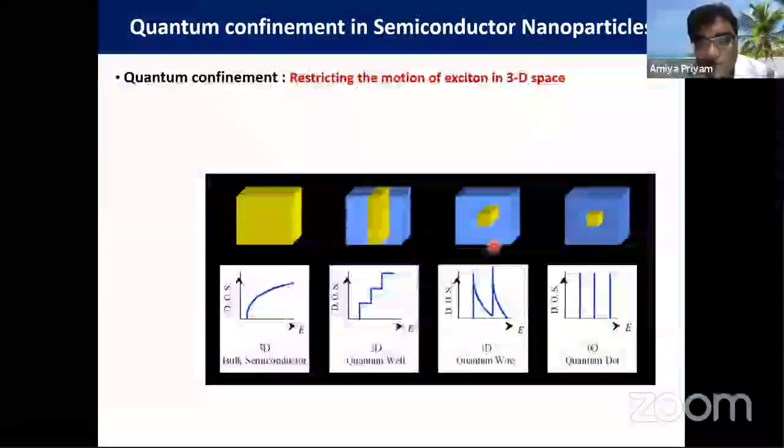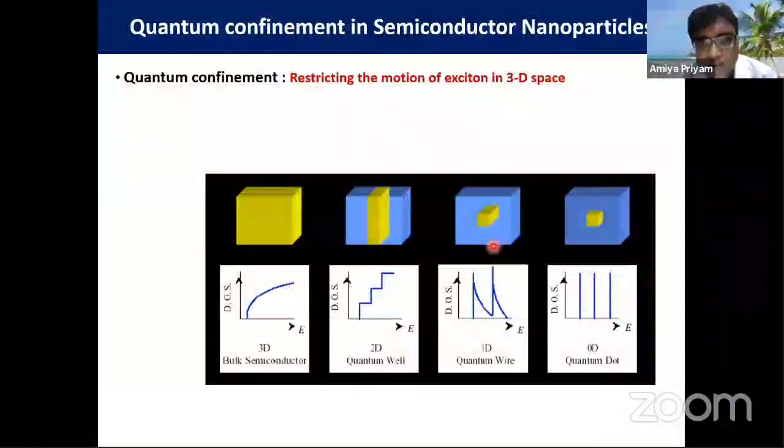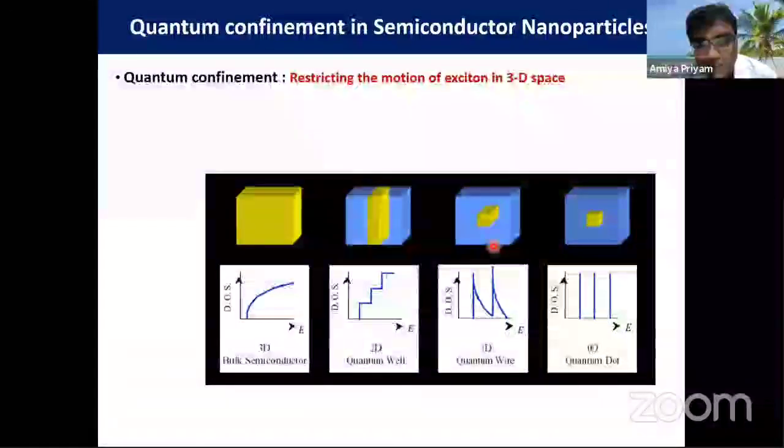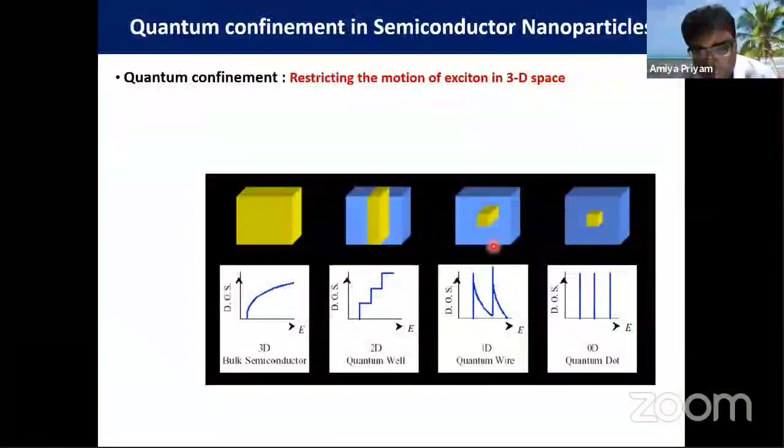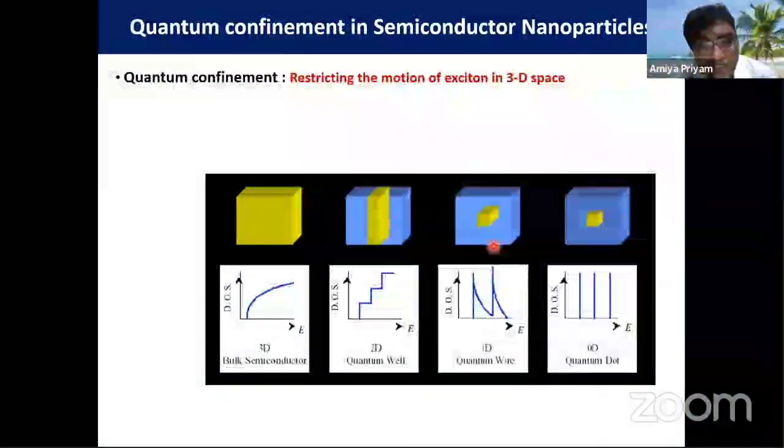Similarly, now we go to another level. Along with the x-axis, we also reduce the size along the y-axis so that it also becomes smaller than the Bohr exciton diameter of the concerned semiconductor.